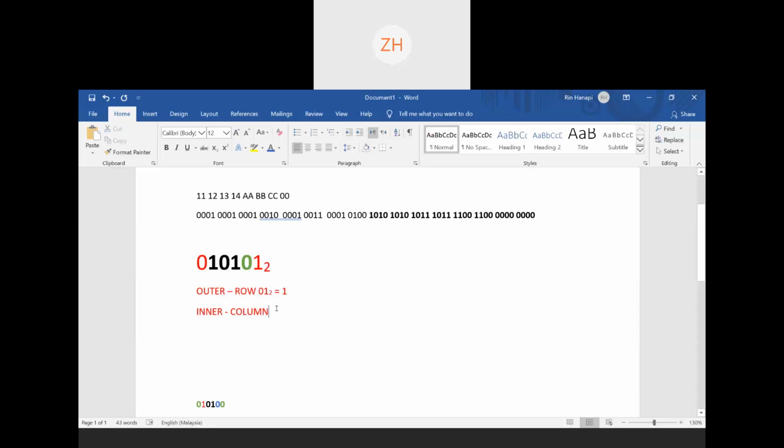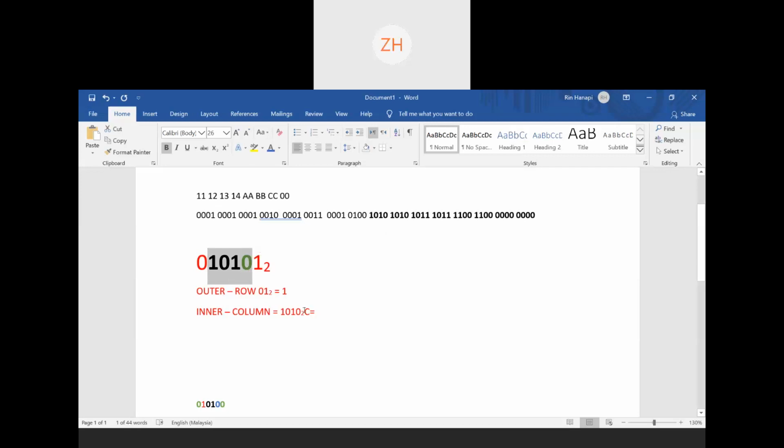Column now. What is the value in the column? 1, 0, 1, 0, right? In this example. Is it right, guys? Yes. 1, 0, 1, 0.